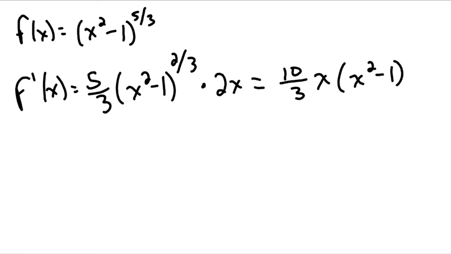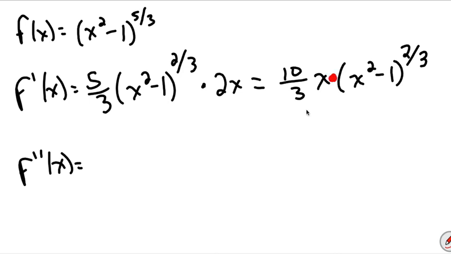And then if I clean that up a little bit, 10/3 x times this other part here, x squared minus 1 to the 2/3. There's no problems here. I could find my increasing, decreasing, and my critical values. But I want to go to my second derivative to show you what I'm talking about. So I'm going to use the product rule.